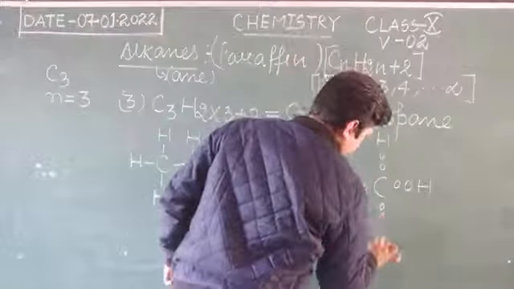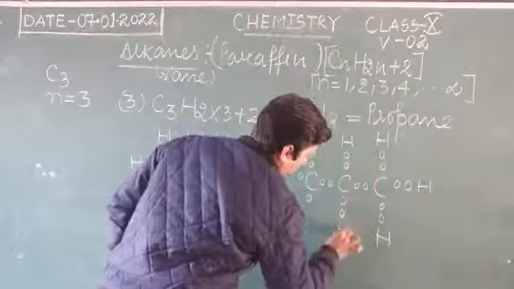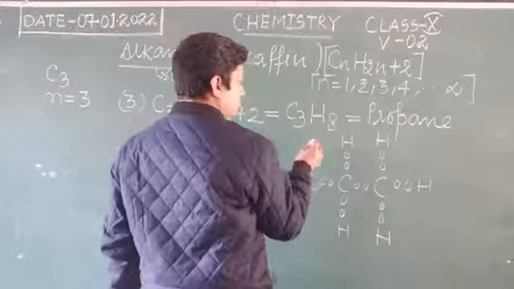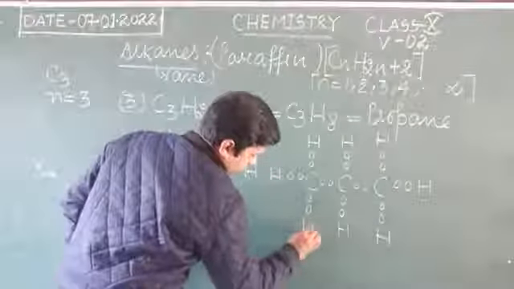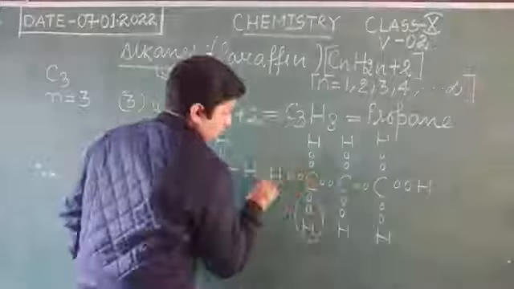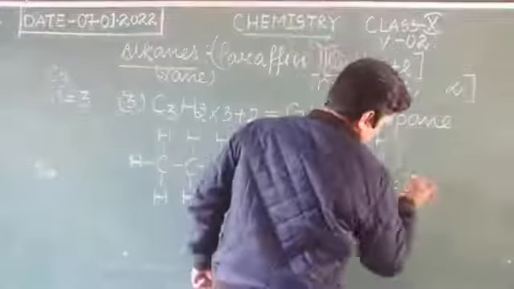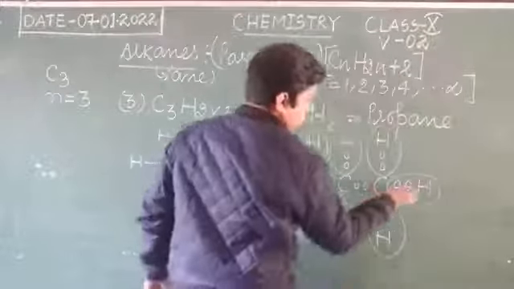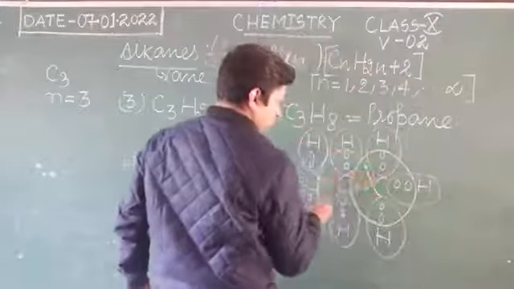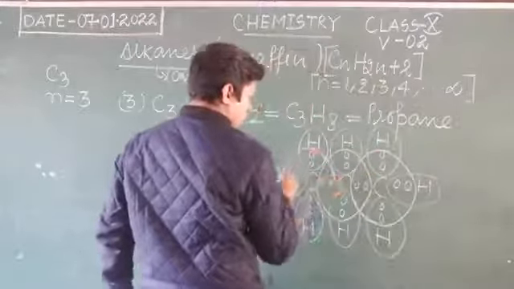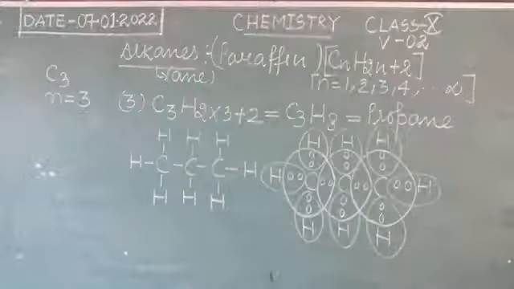Otherwise the electron dot structure of this organic compound becomes typical for you. So this is the electron dot structure of propane.